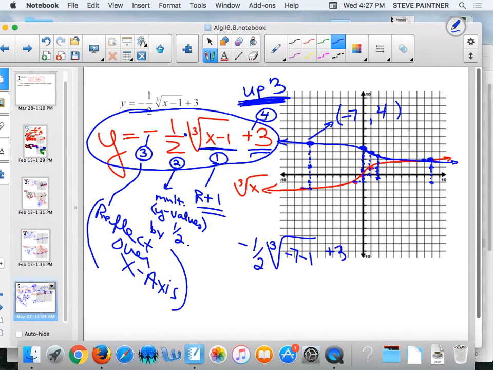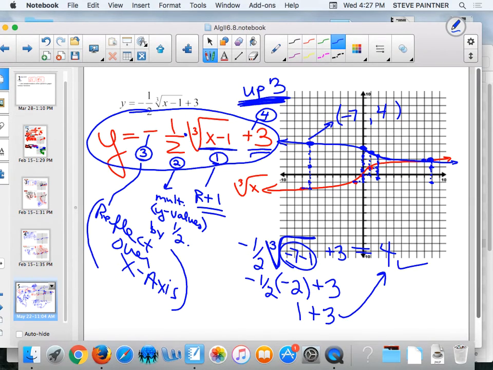Plus 3. And we're hoping to get the y value of 4. Well, inside here is -8. Cube root of -8 is -2. Negative times negative is positive. Half of 2 is 1. 1 plus 3 is 4. Hey, if I got this point right, it is very likely that this is all right. Because I did a lot of stuff.